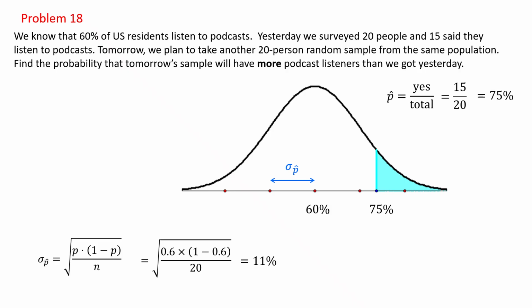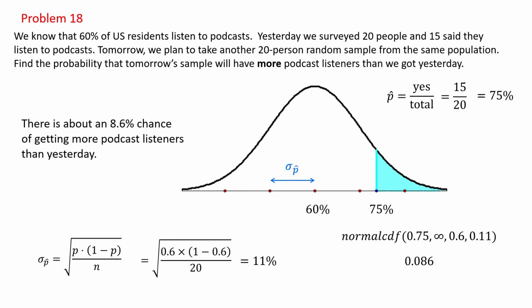The blue area represents the probability that tomorrow's sample will be 75% or higher. To calculate that area, we use normal CDF, of course, using all the typical parameters. Normal CDF gives us about 8.6%, which leads us to the conclusion that there's about an 8.6% chance of getting more podcast listeners than we did yesterday.